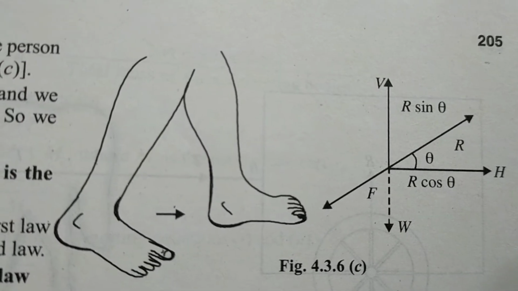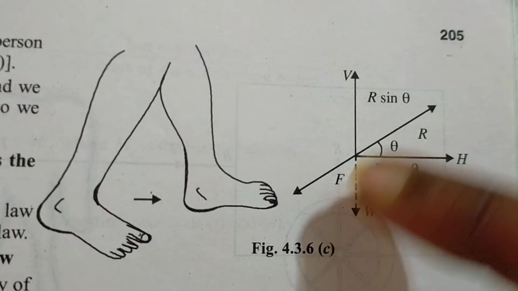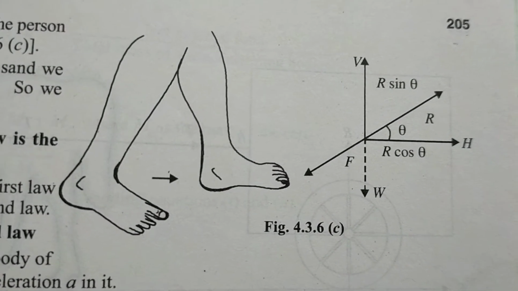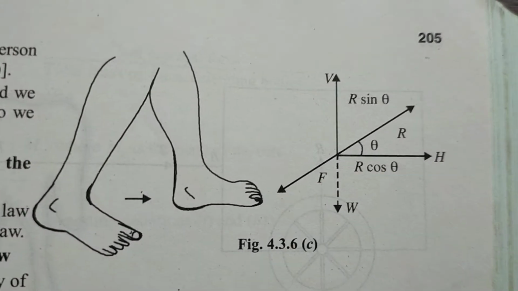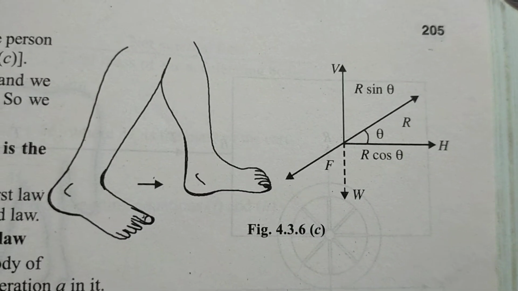When a person walks on a horizontal road, he pushes the ground slantingly with one foot, right? This is the action force which is denoted by F. So the ground also exerts an equal and opposite force, that is given by minus F.